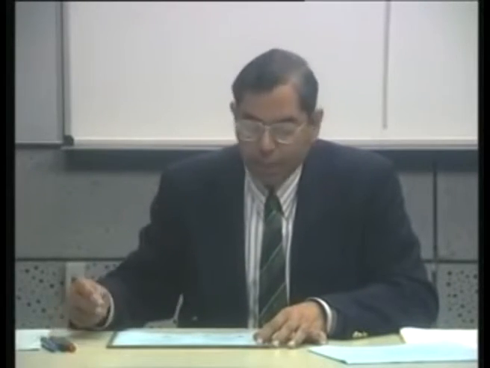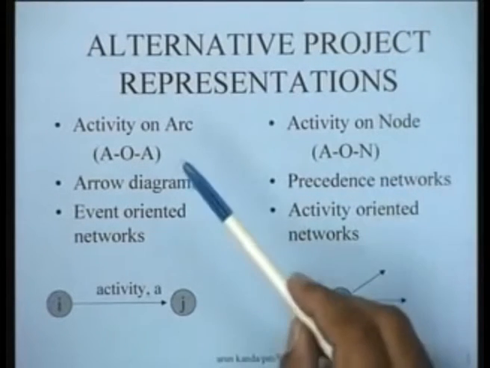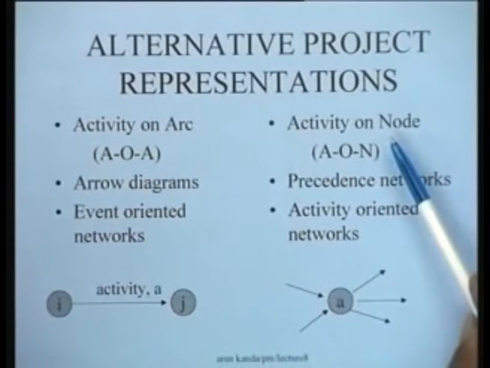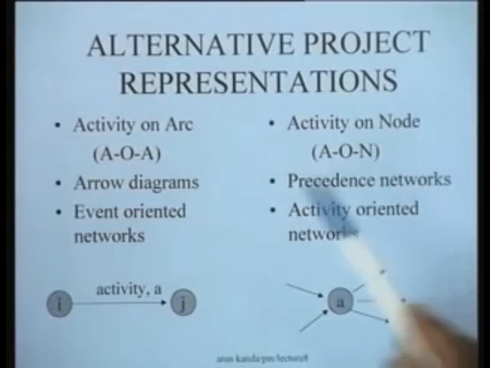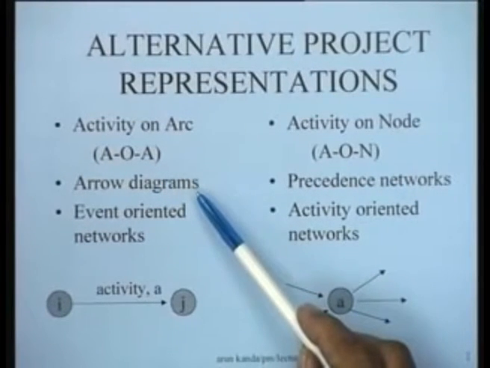As you know, projects can be broadly represented in two modes: the activity on arc mode and the activity on node mode. The activity on arc mode is popularly referred to as an arrow diagram also.